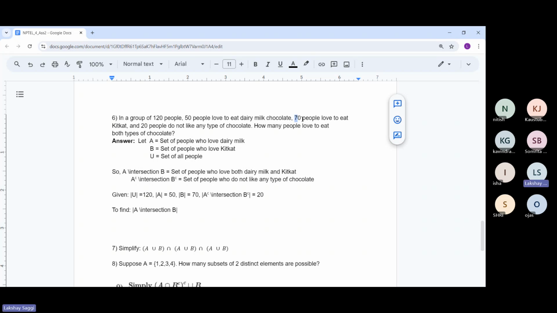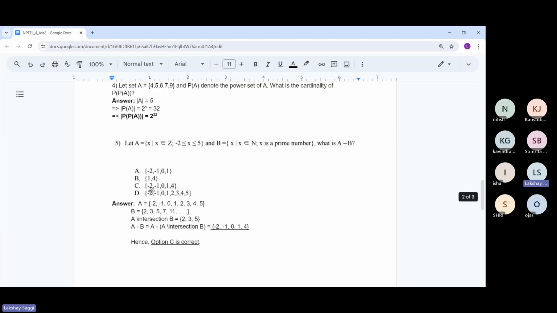This extra 20 comes from the people who love both Dairy Milk and chocolate. So maybe I should write it down a bit more formally. When we have these sets and we want to find the intersection, there is one very important set formula you should know.